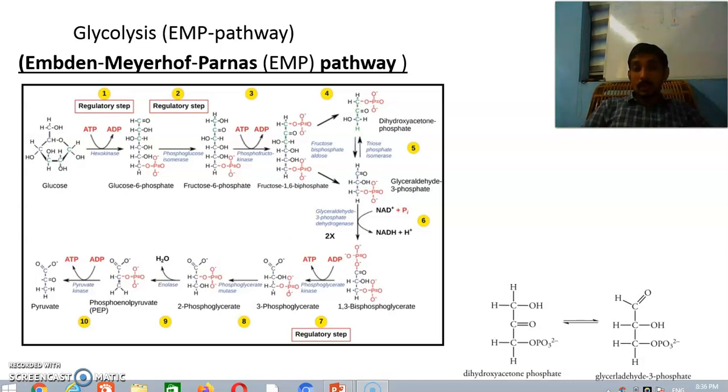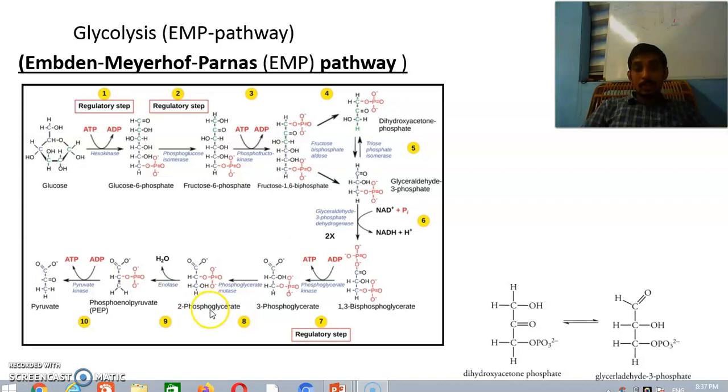Actually, we know that after the fifth step, the glyceraldehyde 3-phosphate is not one molecule but two molecules. From glyceraldehyde 3-phosphate, all the reactions take place with two molecules: 2 glyceraldehyde 3-phosphate, 2 1,3-bisphosphoglycerate, 2 3-phosphoglycerate, 2 2-phosphoglycerate. Every reaction occurs two times.